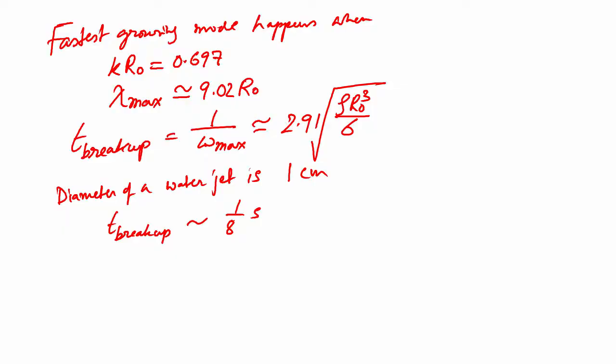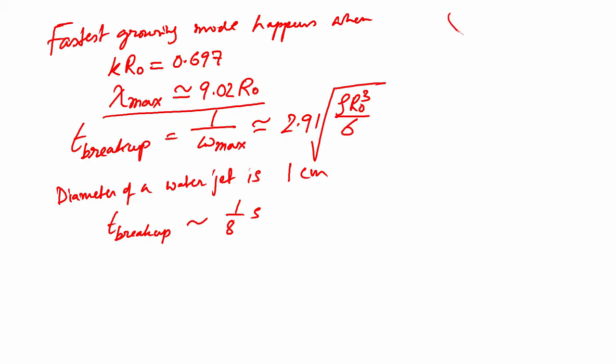So from this analysis you can understand that if you have a cylinder of very small size, then the breakup length, that is lambda, will also be small. Okay, because your lambda max is directly proportional to R0.